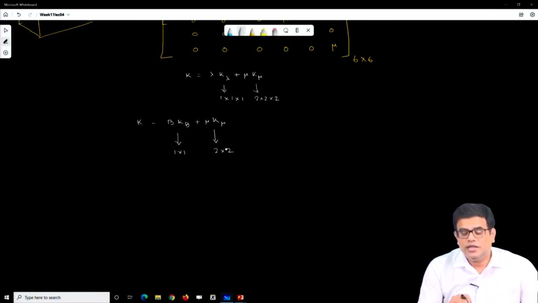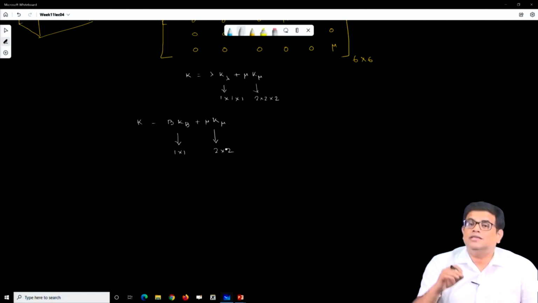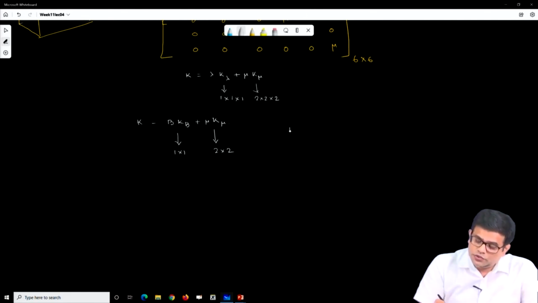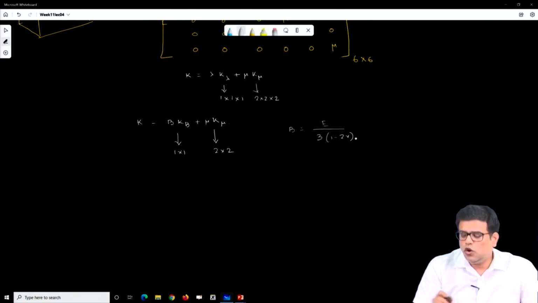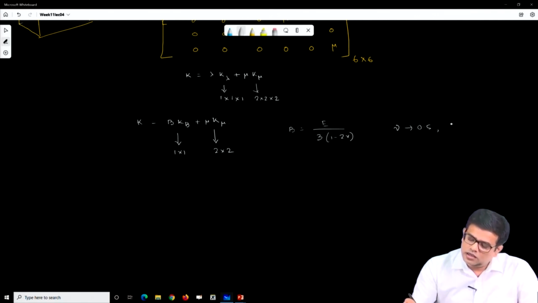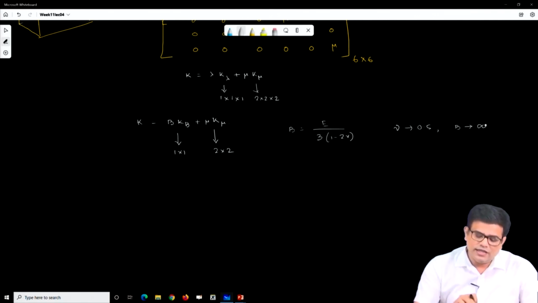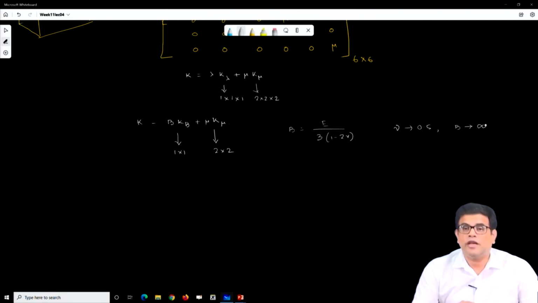This is because the bulk modulus B, as we know, is E by 3 into 1 minus 2 nu. So as nu tends to 0.5, that means this bulk modulus tends to infinity. So naturally it will be a very large number, the bulk modulus will be very high.